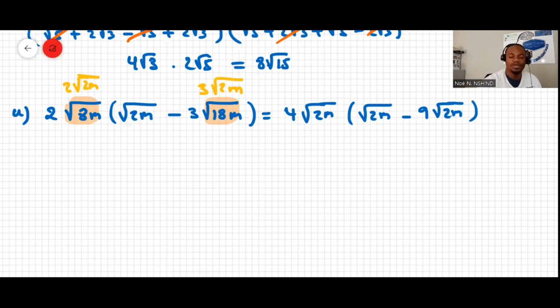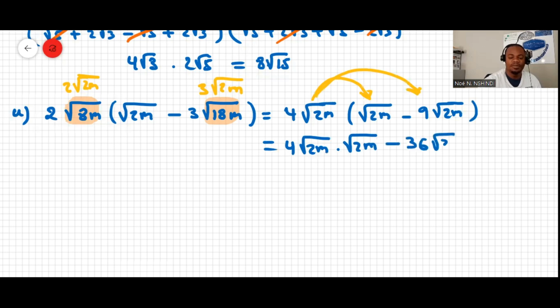Then we can do all these times that, and all these times that. So this makes 4 root 2m multiplied by root 2m minus 36 root 2m multiplied by root 2m.